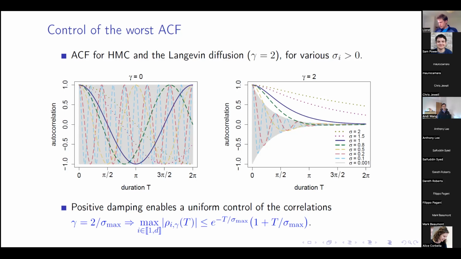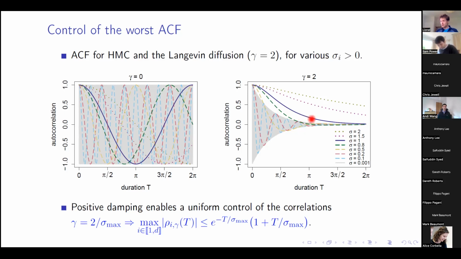And one thing that we can remark here is that on the right-hand side, all the ACFs corresponding to components that have a smaller scale than the reference scale, chosen as sigma equal 1 here, actually get ACFs that are all dominated by this reference scale.